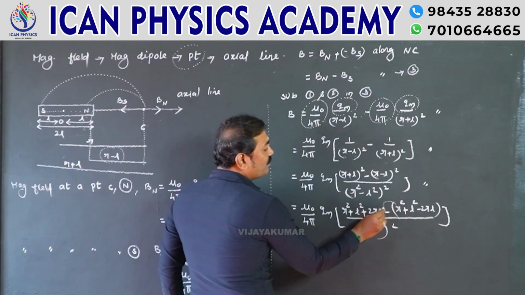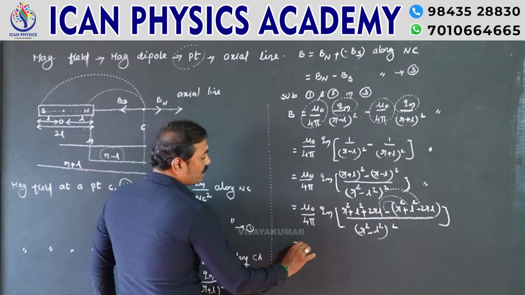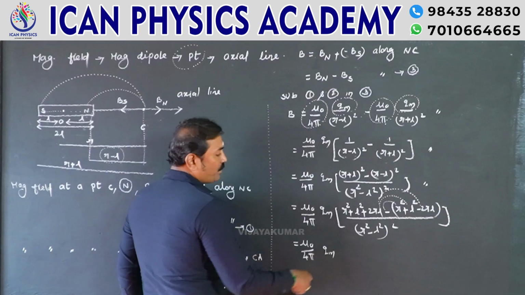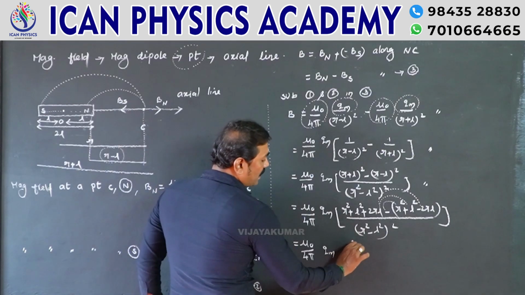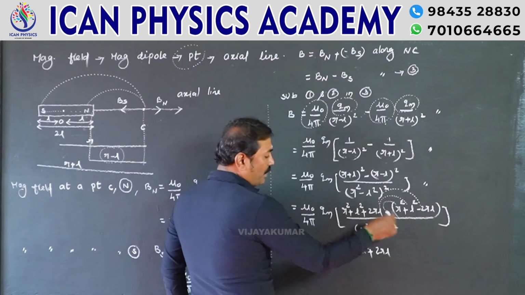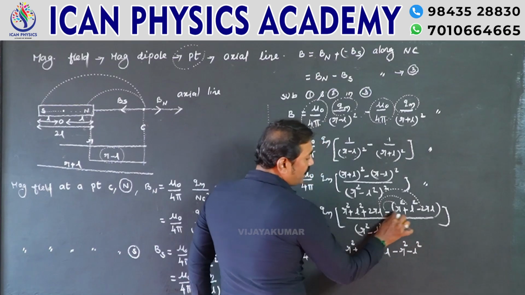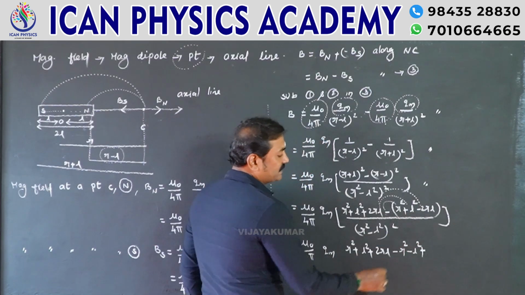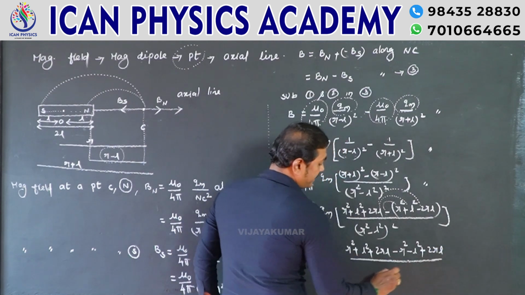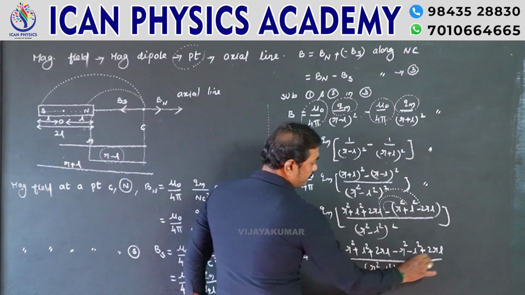Now the minus is common to first term, second term and third term. அப்போ மூணு டேர்முக்கும் காமனாக கொண்டு போனா mu naught by 4 pi into QM. அப்போ என்னாச்சு நமக்கு r square plus l square plus 2rl, மைனஸ் உள்ள கொண்டு போனா minus r square minus l square. இப்போ மைனஸ் மைனஸ் என்ன ஆயிரும் பிளஸ். So plus 2rl divided by r square minus l square the whole square.